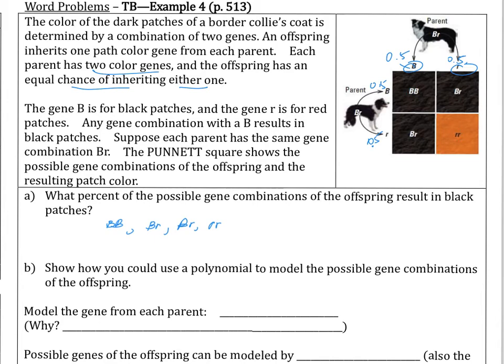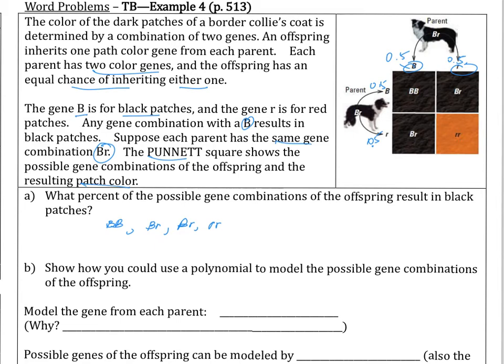Okay, and the gene B is for black patches and the gene R is for red. Any gene combination with a big B results in black patches. Suppose each parent has the same gene combination, BR. The Punnett square shows the possible gene combinations of the offspring and the resulting patch color.